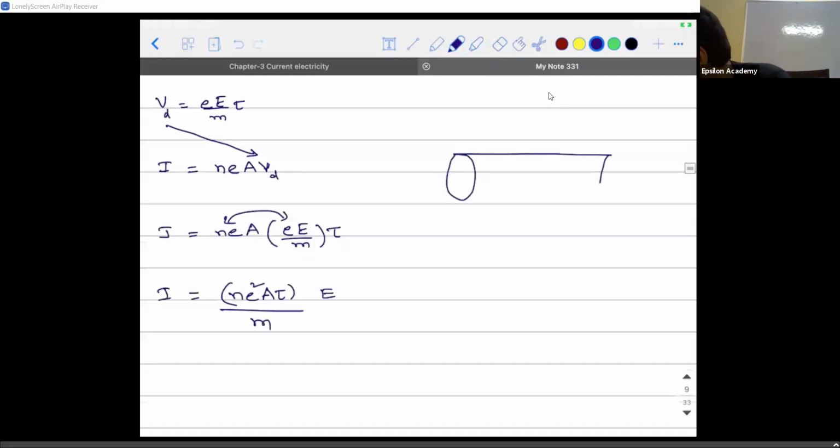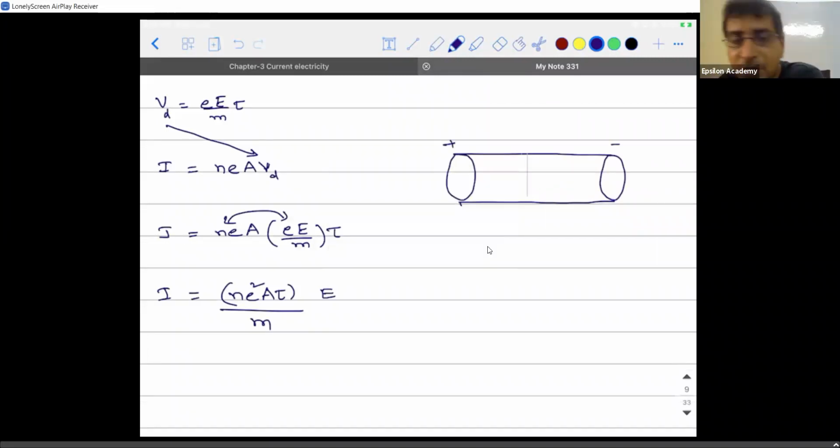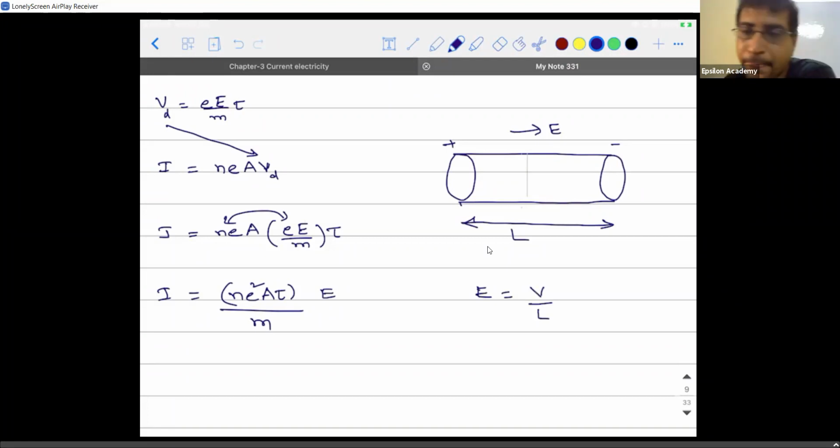Now, when I have a conductor, for this drift velocity to be attained, what are we supposed to do? You need to connect the ends of the conductor across a potential source. When you do that, you are going to get the electric field, right? If I take the length of this conductor as L, and the potential difference across the ends of the conductor is uniform because it's a DC source, can I write E is equal to V divided by L?